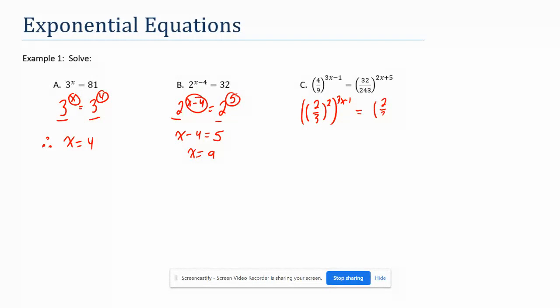So this guy is (2/3) to the 5th, to the 2x plus 5. That means we have (2/3) squared, and I can multiply this through. It's going to be 6x minus 2 equals (2/3) to the 10x plus 25. So these powers are the same. They're both base 2/3. That means our exponents are going to be the same.